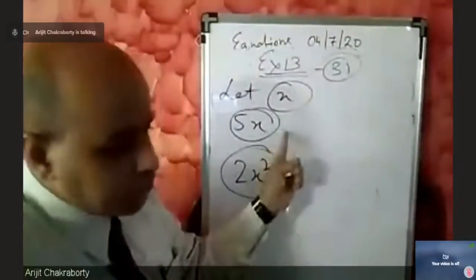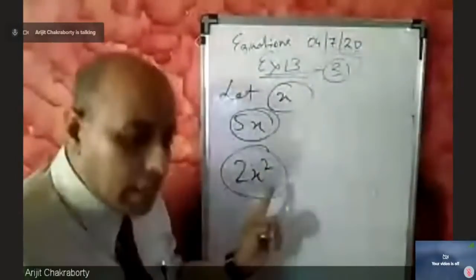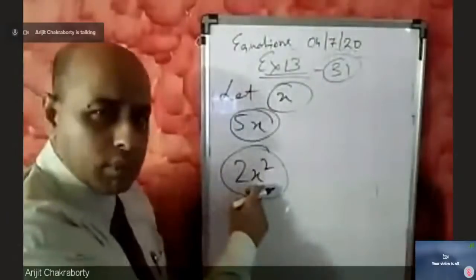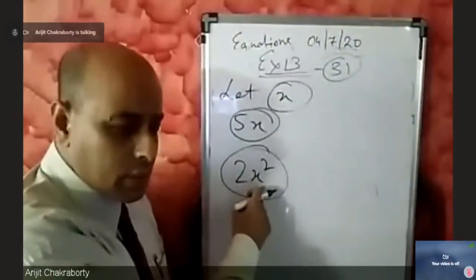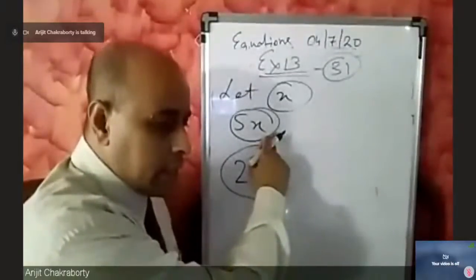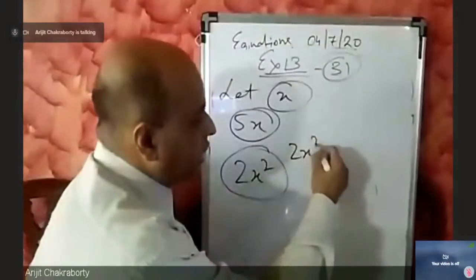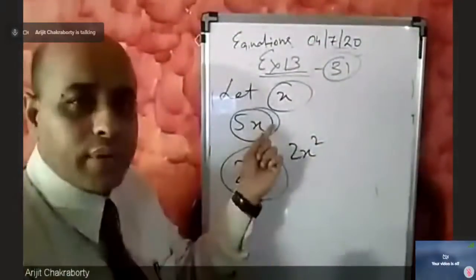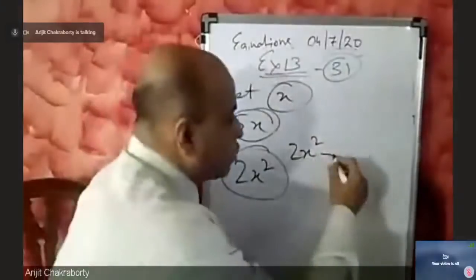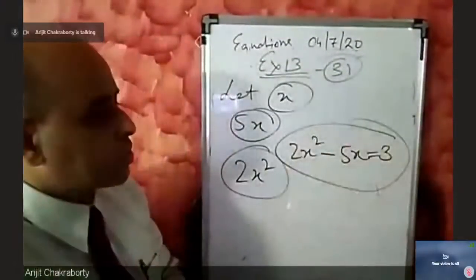Now 5 times a positive whole number is 3 less than twice the square of the number. In other words, 5 times this number is 3 less than 2x square. In other words, 2x square is more than 5 times the number by 3. That is 2x square minus 5x is equal to 3. So we get this equation.